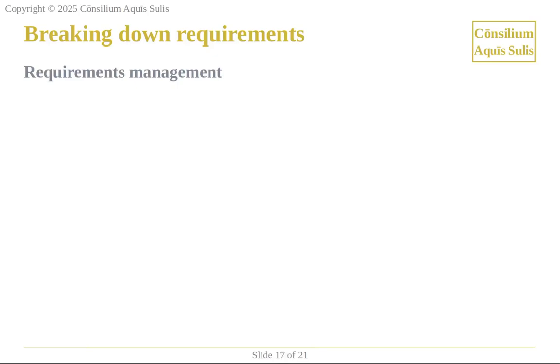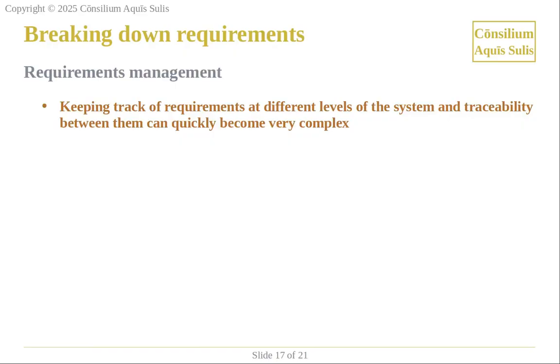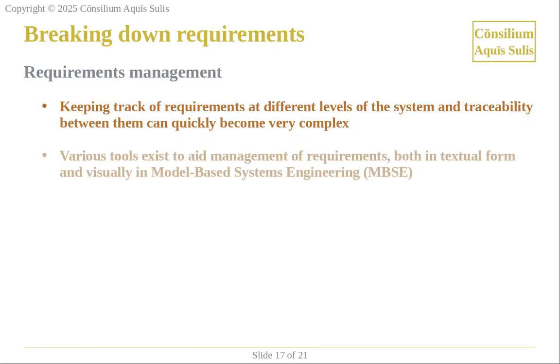Keeping track of requirements at different levels of the system and traceability between them can quickly become very complex. Various tools exist to aid management of requirements, both in textual form and visually in model-based systems engineering.